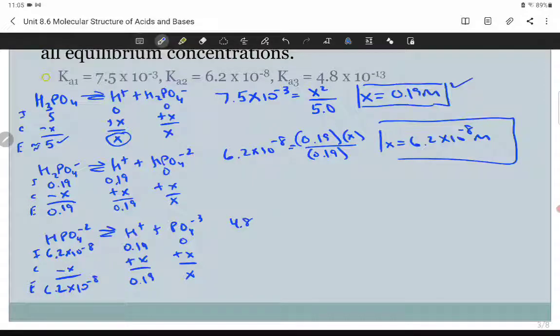Remember I said these Ks get smaller as we go, and this one's definitely small. Up top we got the 0.19. Up top we got the X. On the bottom we got 6.2 times 10 to the negative 8th. Solve for X, and I think this is going to be tiny.